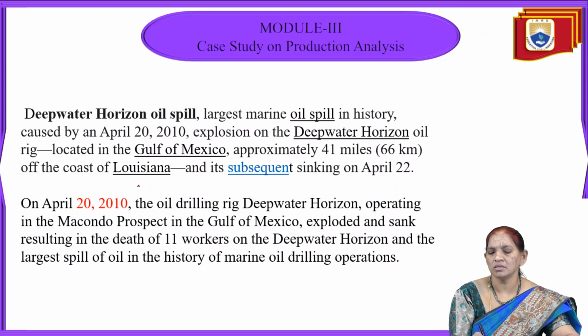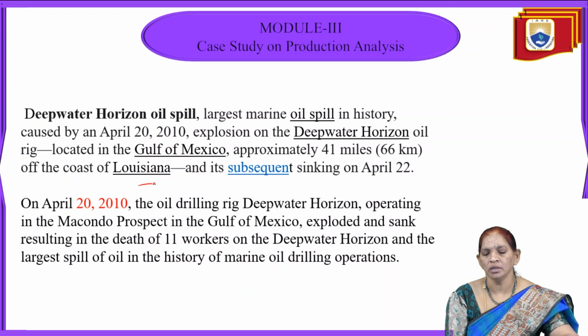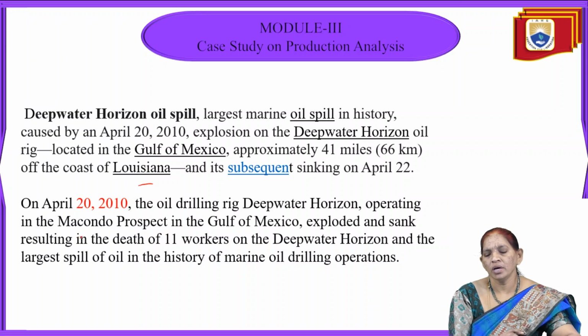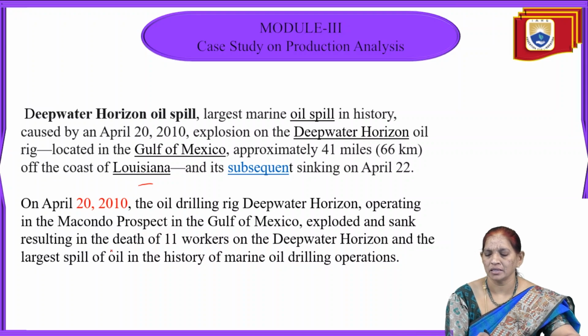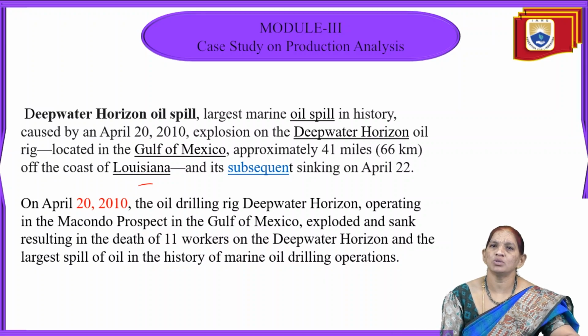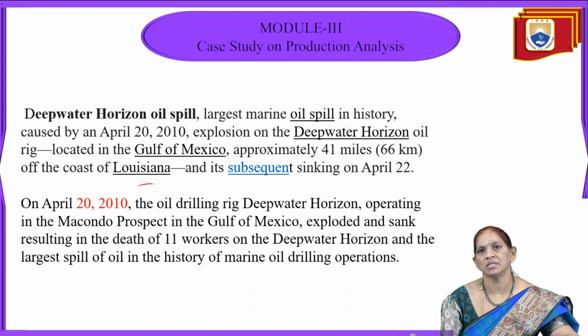The oil rig, operated on the Macondo prospect in the Gulf of Mexico, exploded and sank. The entire structure where the workers were extracting oil was sunk in the sea due to the explosion.